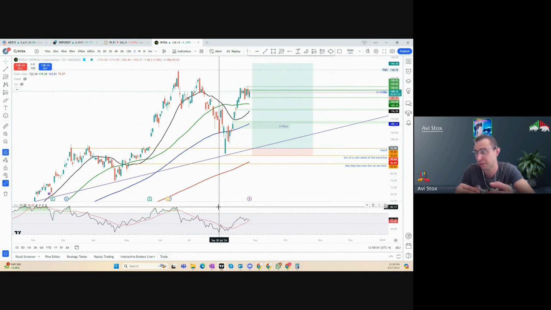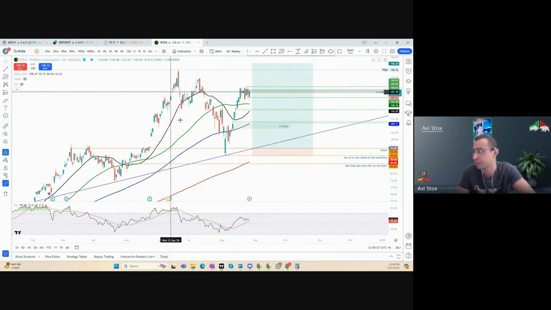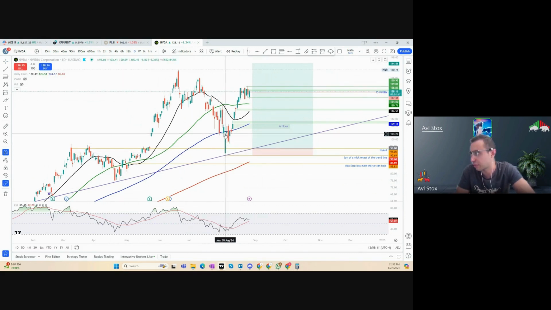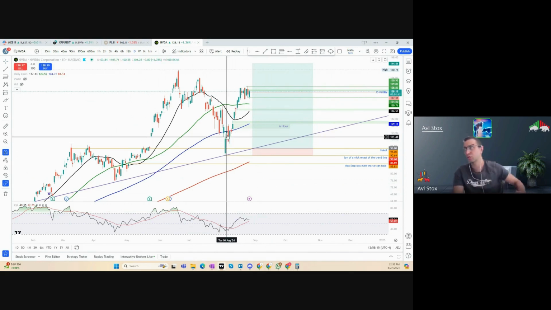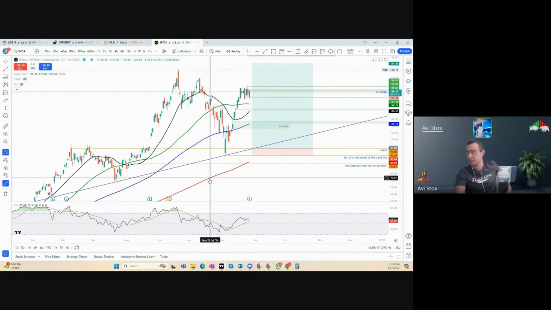So it's a divergence, because price went lower, yet the RSI was higher on a daily chart, and then it basically made a new high almost to the RSI and zoomed higher by a lot.